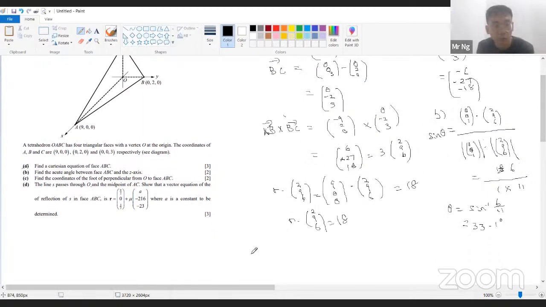Coordinates of the foot of perpendicular from O to ABC. Whenever they ask for coordinates, most of the time it's about finding an intersection.